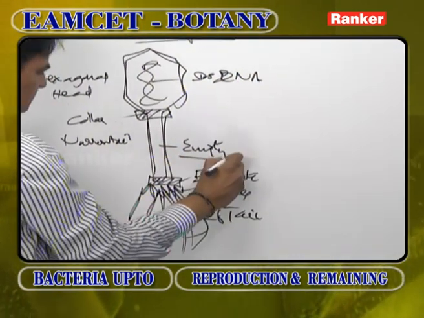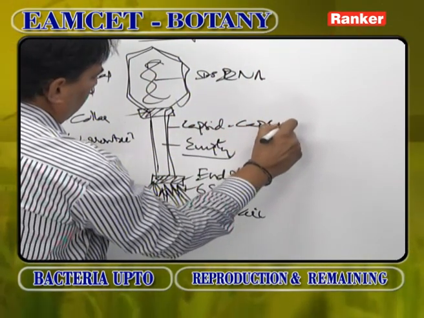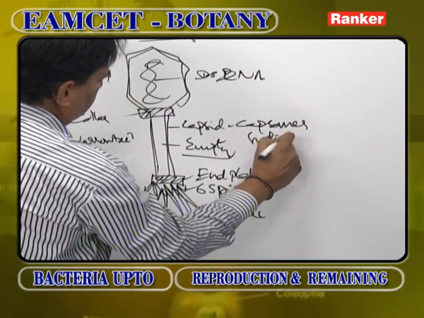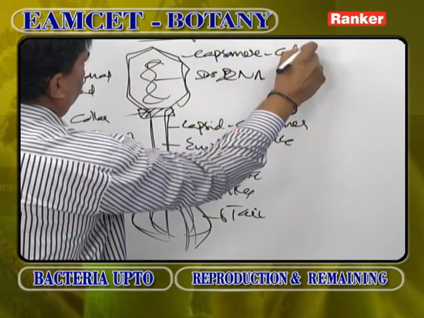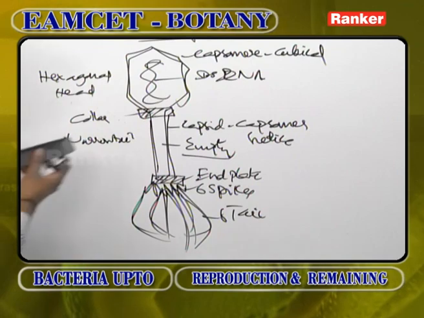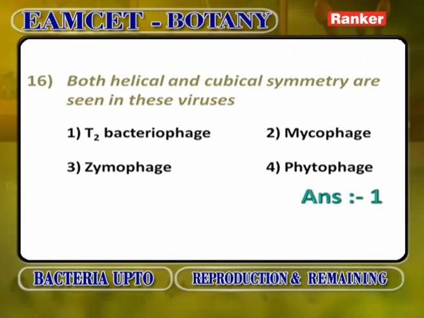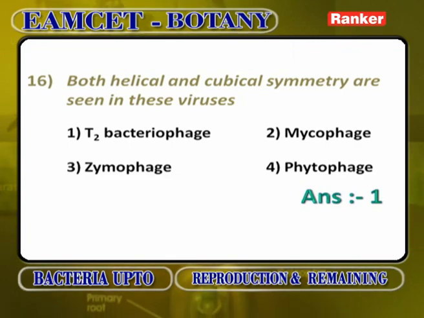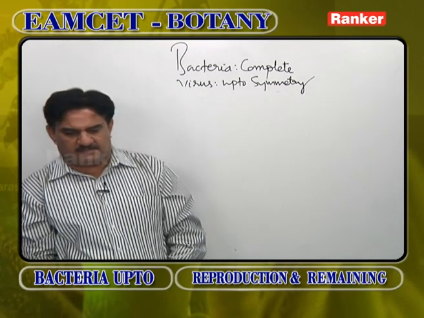In the head, the capsomeres are arranged in a cubical manner, and in the tail they are arranged in a helical manner. So, the symmetry in these is called binal symmetry, because the tail shows helical symmetry and the head shows cubical symmetry. T2 bacteriophages.